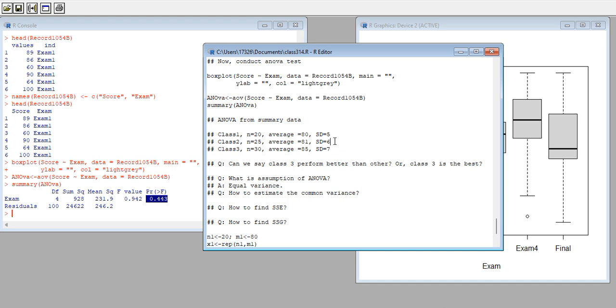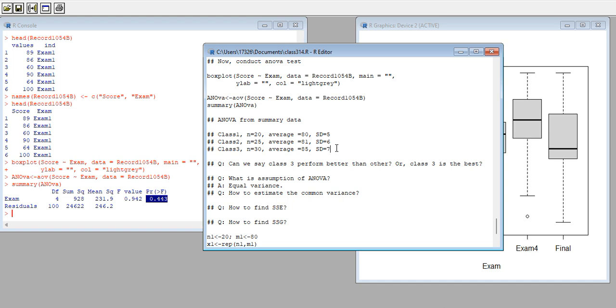Class 2, we have 25 students, the average is 81, and the standard deviation is 6. Class 3, we have 30 students, average 85, and standard deviation is 7. So we have those summary data.